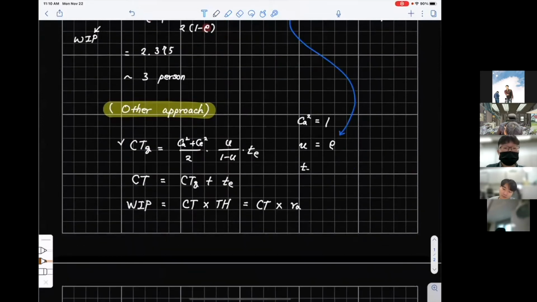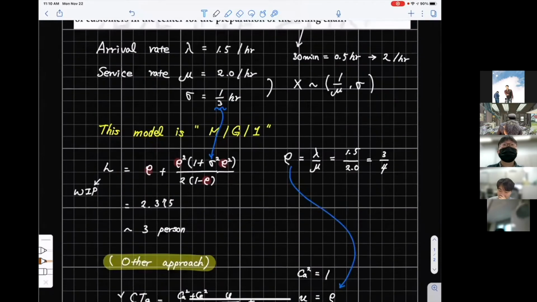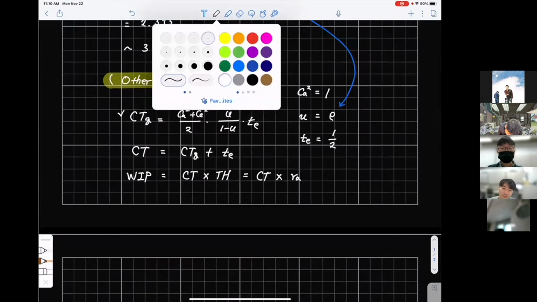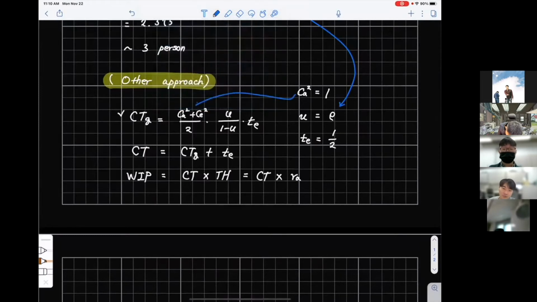And Te is the reciprocal of the service rate, which is 2. So the effective average time is 0.5.